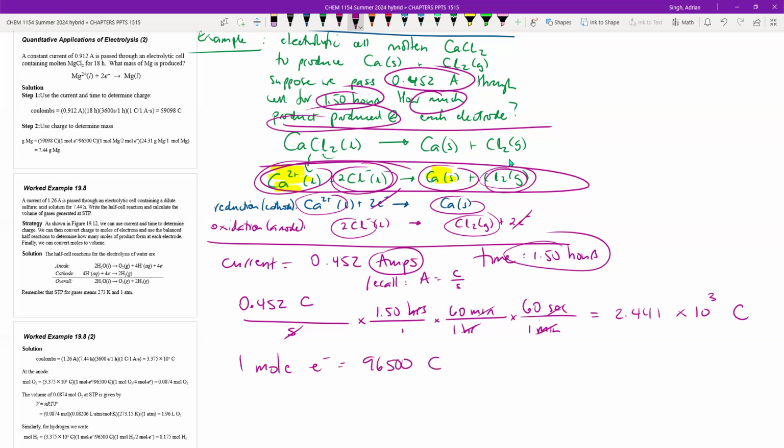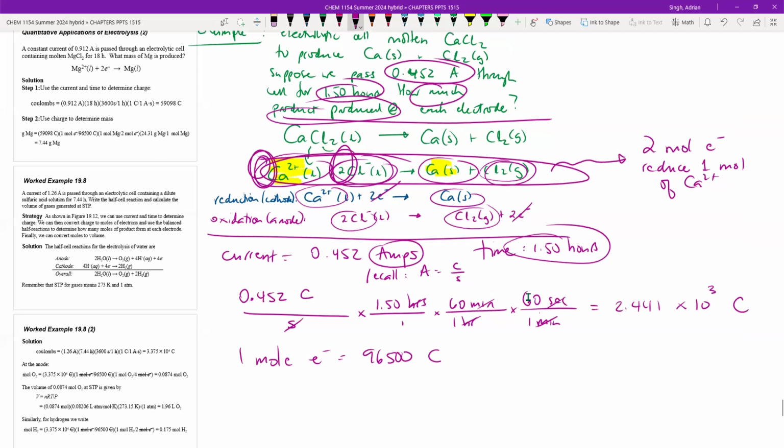And from our stoichiometry up here, we know that 2 moles of electrons are required to reduce 1 mole of Ca2+, a 2 to 1 ratio. You can get that from our balanced equation. So we can incorporate that into our calculation as follows.